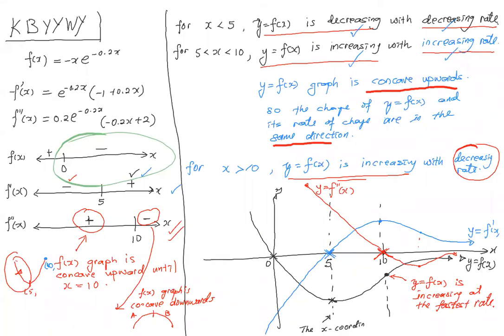The x-coordinate of the turning point of f(x) is the x-intercept of y equals f prime x. Agree?